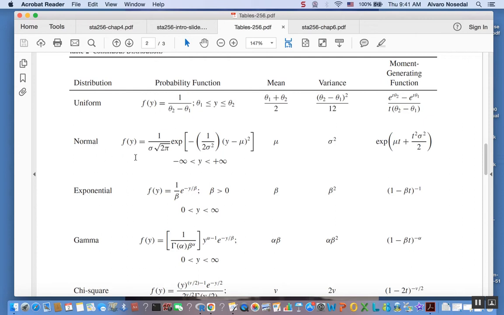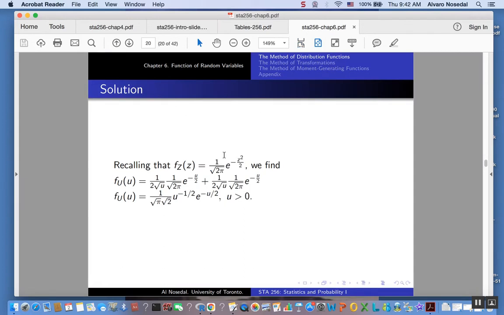In the case of a normal, it looks like this. Since we have a normal 0, 1, where we have a sigma, we just put a 1. Where we have a mu, we just put a 0. So we end up with just 1 over the square root of 2 pi e to the negative 1/2 z squared in our case. Okay, so that's what we have here.